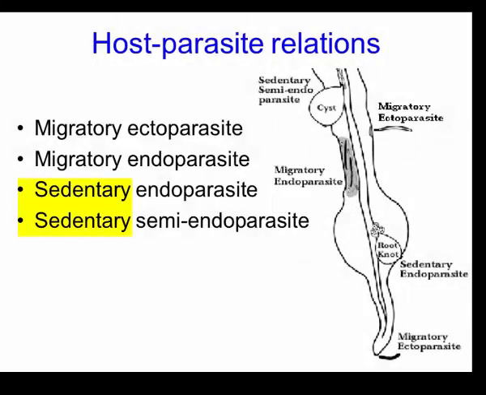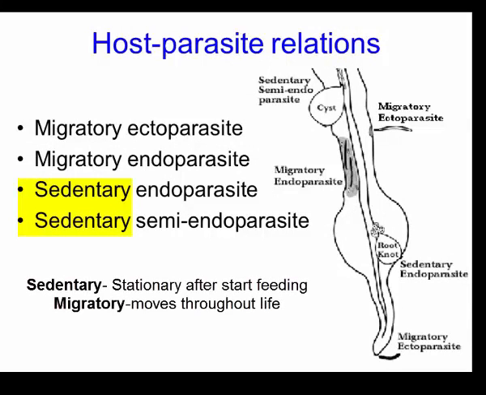Both these two are migratory, meaning that they can move. They have the ability to move throughout their life. They don't move far, but they do crawl around throughout their entire life cycle.